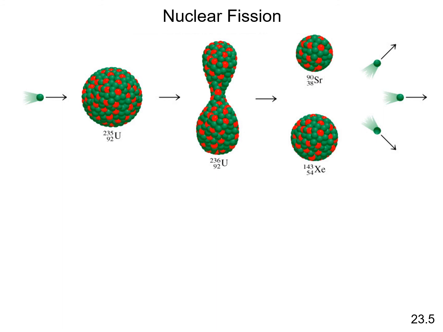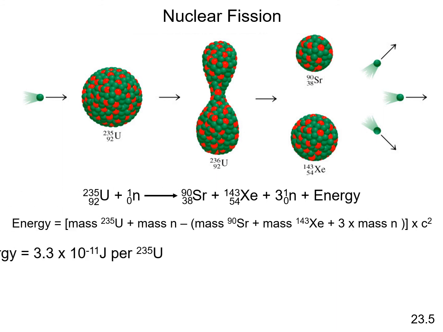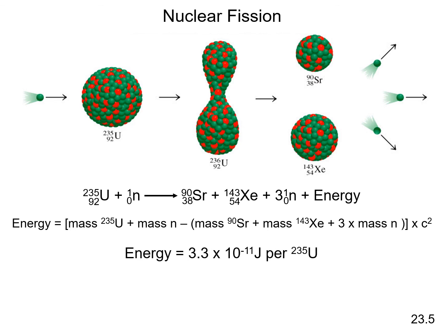This chain reaction can be controlled in order to generate electricity, which is actually done in a nuclear power plant. Again, it gives us a tremendous amount of energy. So when you compare it to a single uranium.